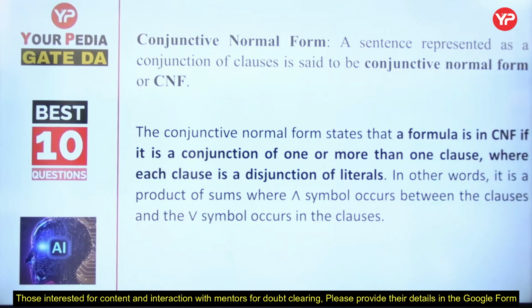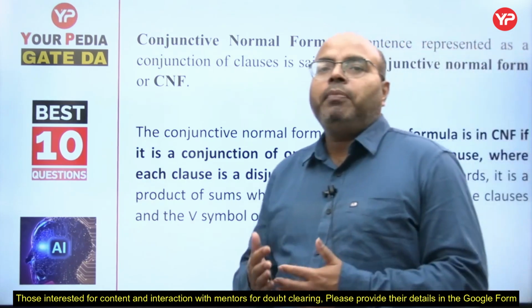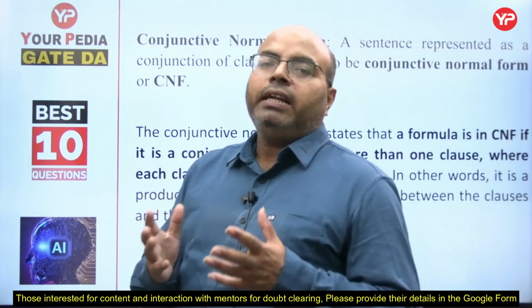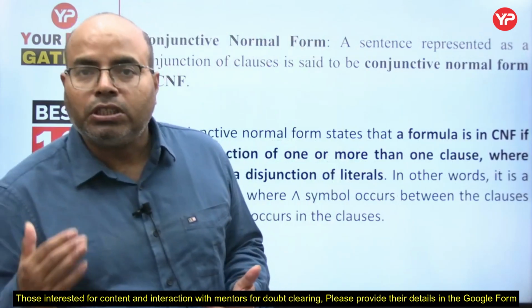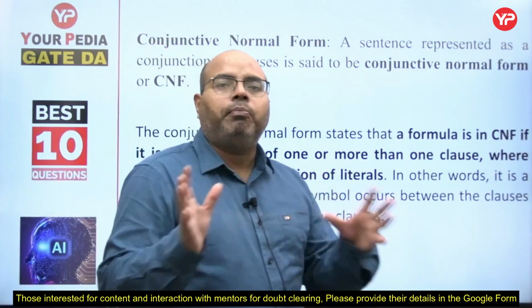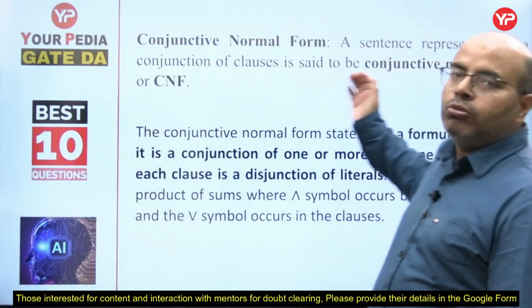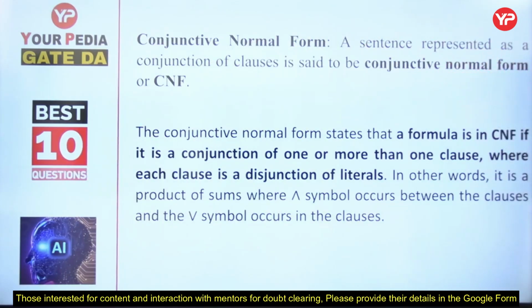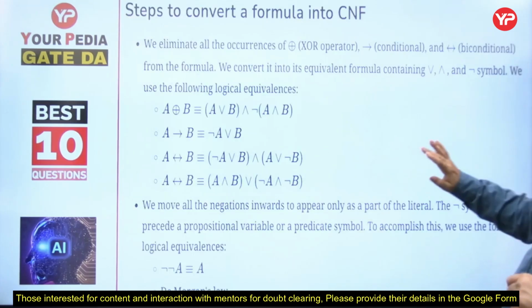In other words, it's a product of sums. So basically we are simplifying the first order logic statement and putting it into conjunctive normal form, that is CNF, so that further operations can be easy.